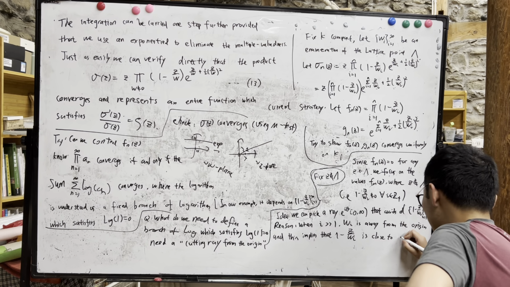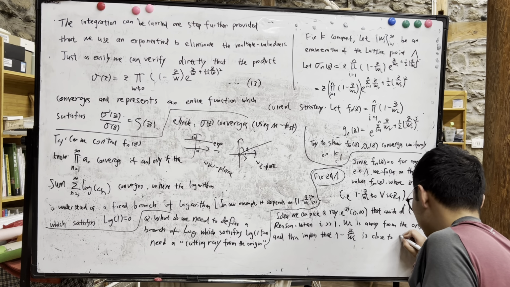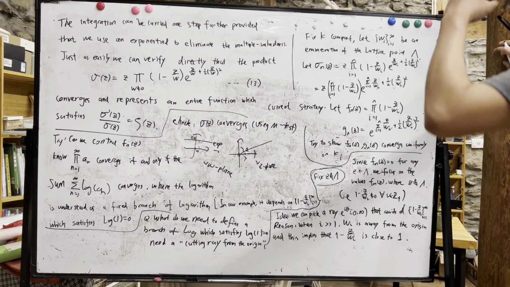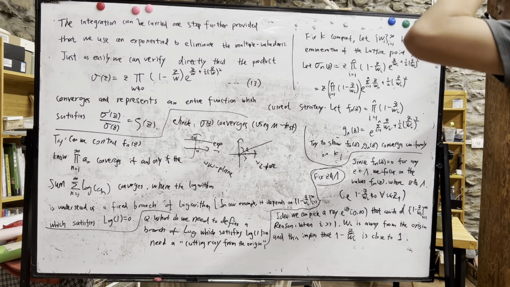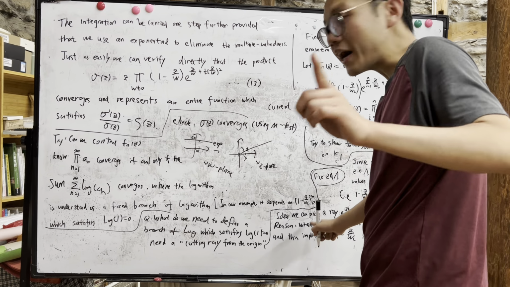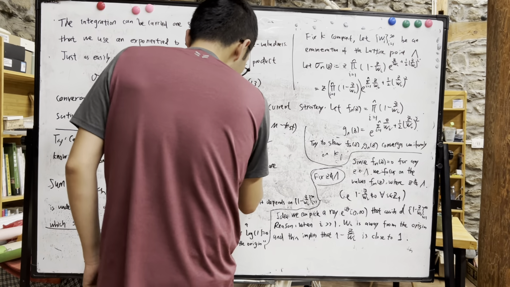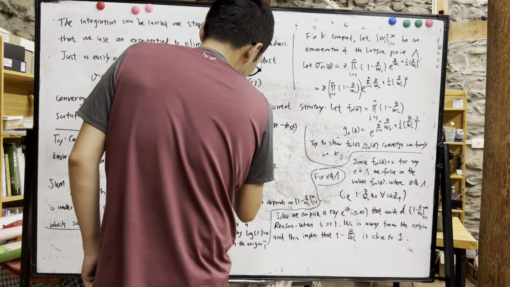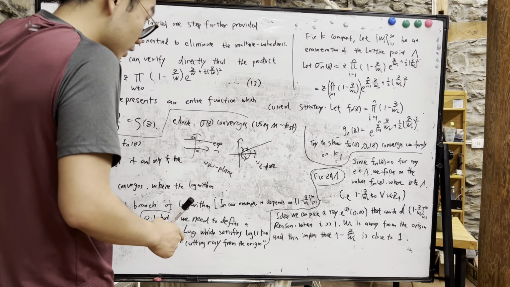So it's close to 1. For all such big I, these points will always stay within a small circle.